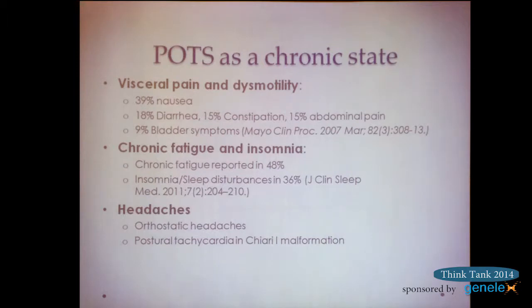They've tried every medication under the sun, maybe not Rohypnol, but they have tried the melatonin and the tricyclics and the trazodone, and they just can't find an option that helps them. Headaches, as I mentioned, orthostatic headaches, and certainly migraines.